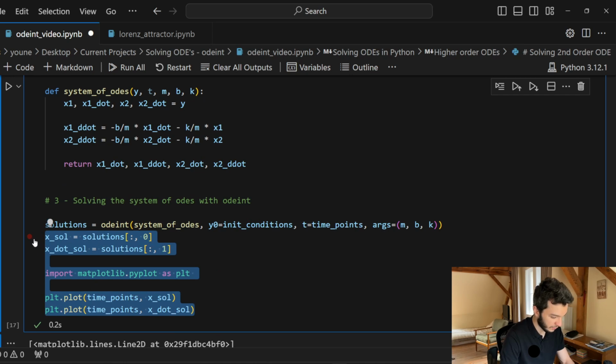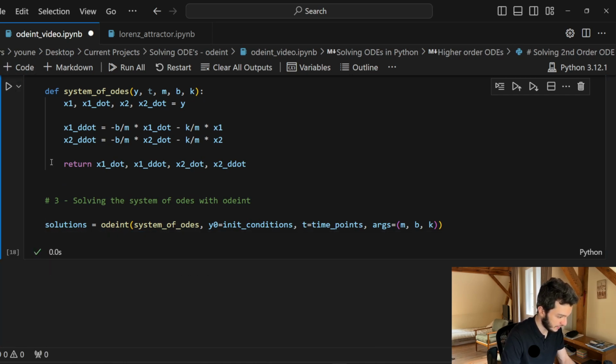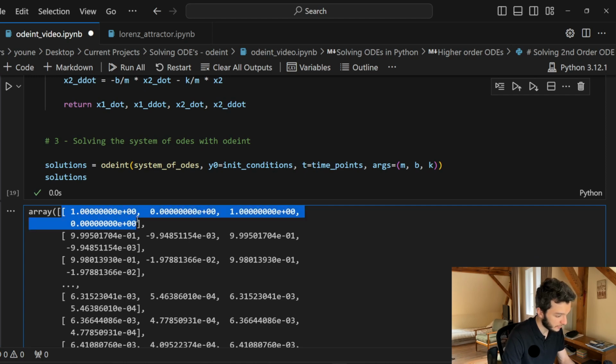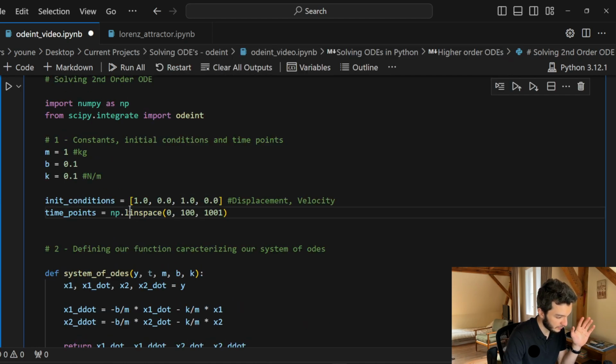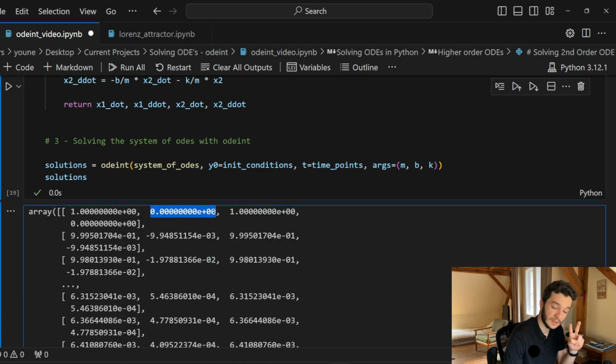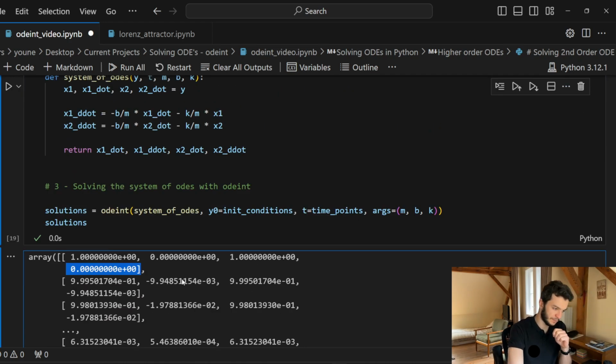Now here, if we omit this and print solutions, you'll see that now we have an array of 4 times n, where the first element represents, for example, the displacement of the first system. This represents the velocity of the first system. This represents the displacement of the second system. And this represents the velocity of the second system.